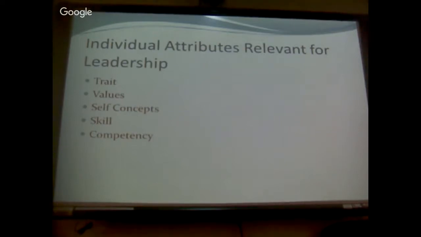I'll give you a quick example. I've seen people who are introverts and extroverts succeed just as effectively in the same situation, and it had to do with their skills with respect to knowing how and when to apply what it was that they had.